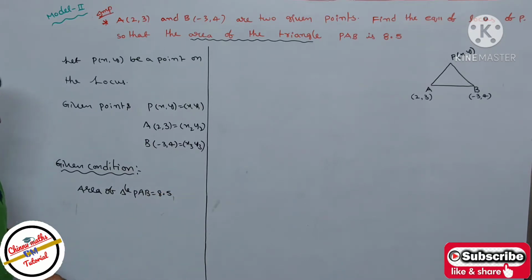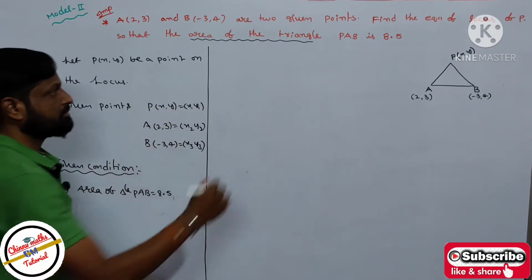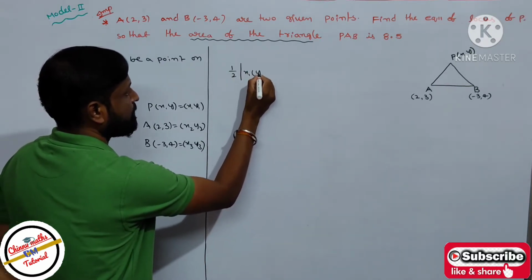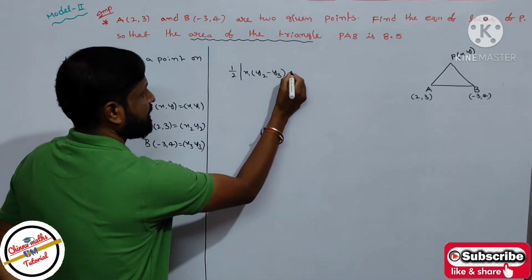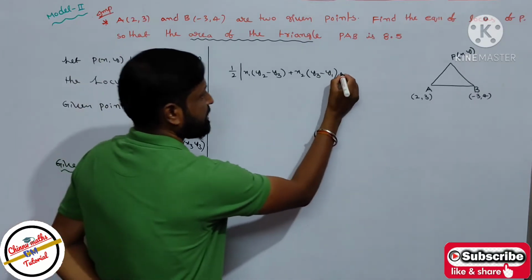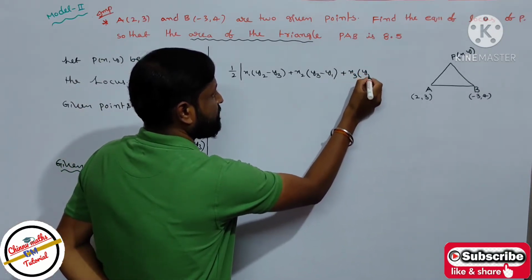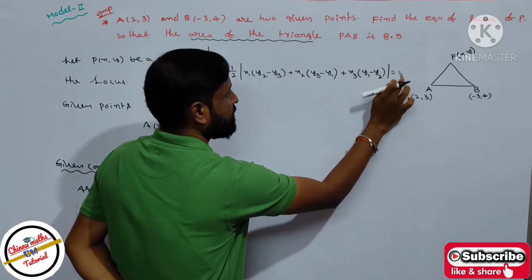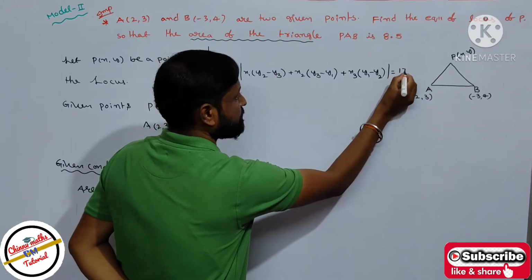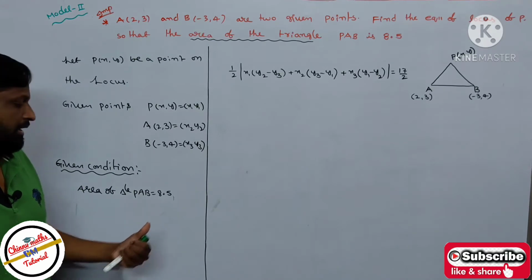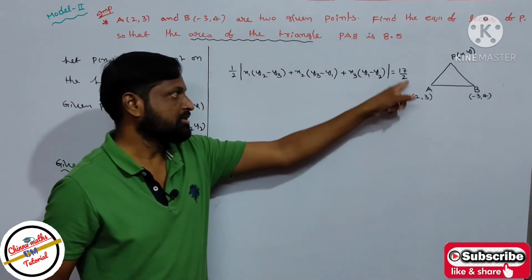So already we know the area of the triangle with the given 3 vertices is 1/2 times modulus of x1(y2 - y3) + x2(y3 - y1) + x3(y1 - y2), and it is equal to 8.5. 8.5 can be written as 17/2, which is equivalent to 8.5.